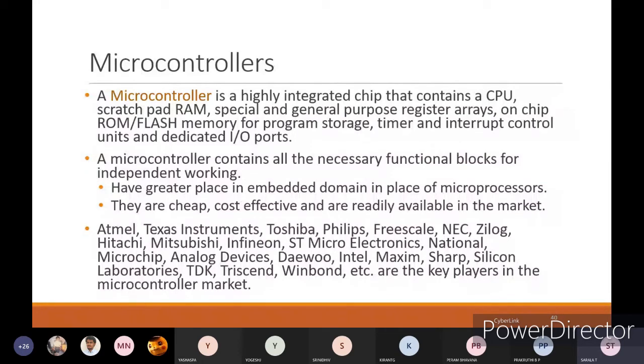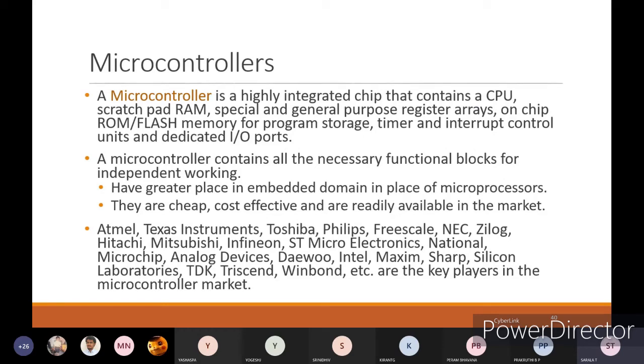All these things will be present in your microcontroller. In a microprocessor, only the processor will be there. Whatever the memory, external timers, interrupt controllers, input output connections, all those things will be connected as peripherals. Means external connections are needed for one microprocessor to perform its function.